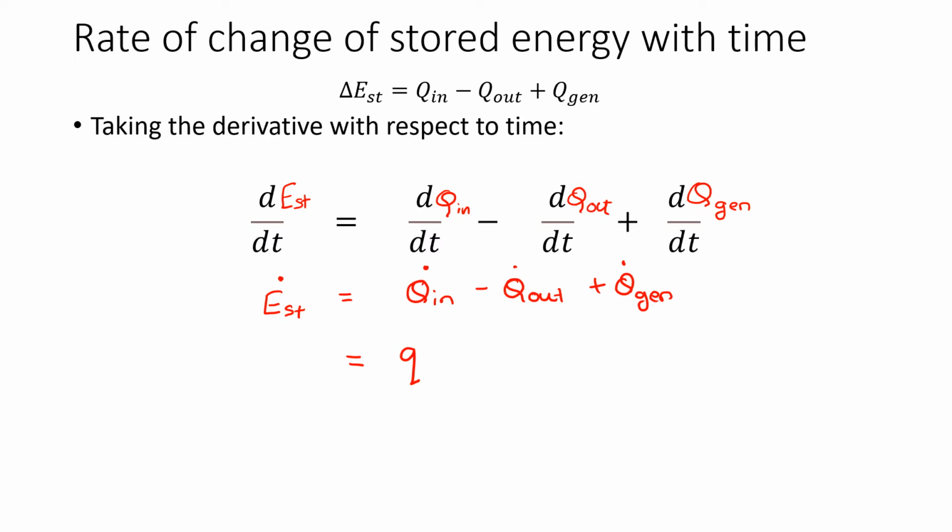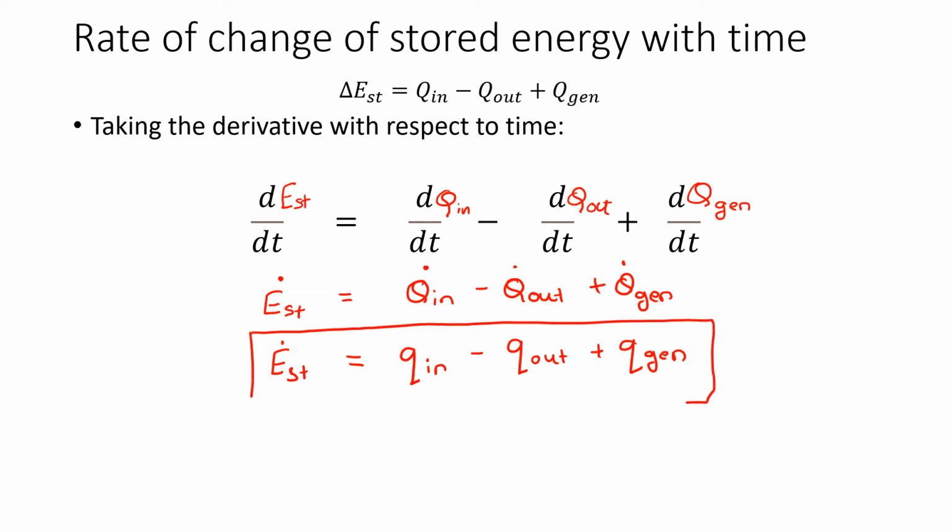So during this course, wherever you see little q's, that will mean that you're looking at the rate of heat transfer, or the heat being transferred with respect to time, and Q gen. So this basically is the energy conservation of energy equation that we have and that we will be using in this course.